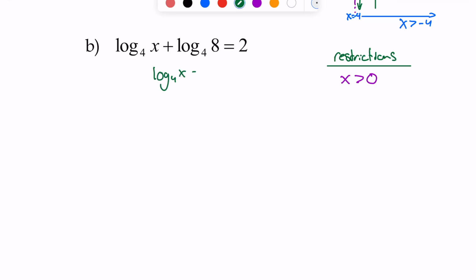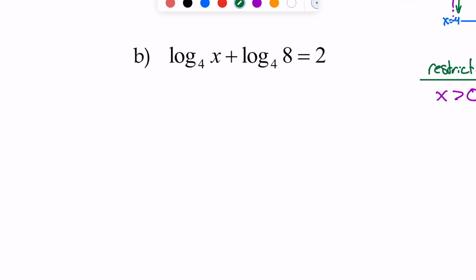If you did that, you would get 2 minus log 8 and then you just get this really complicated exponent because you go 4 to the power of that equaling x. This is not easy to solve. So bringing that logarithm over on the first step was not the approach to this problem.